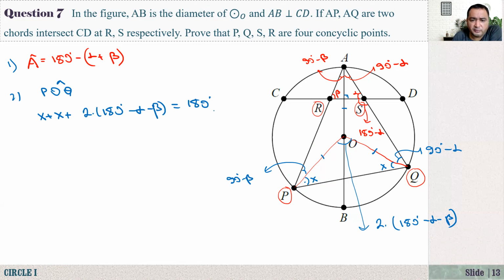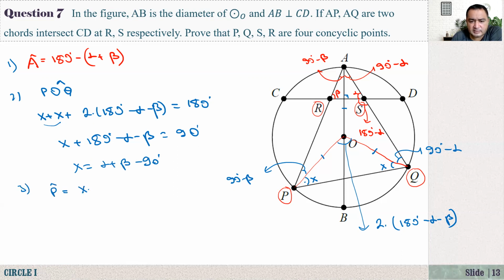So now if you divide both sides by 2, here we have x plus 180 minus alpha minus beta. On the right hand side, we have 90 degrees. So from here, what is x? x is equal to alpha plus beta minus 90 degrees. So now if you look at angle P, what is angle P?